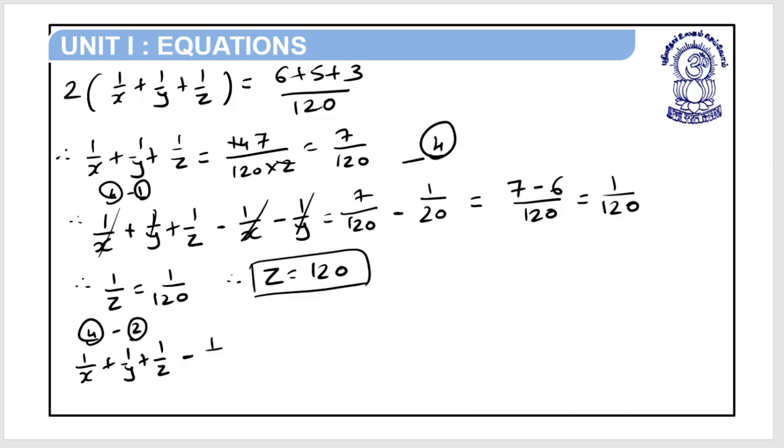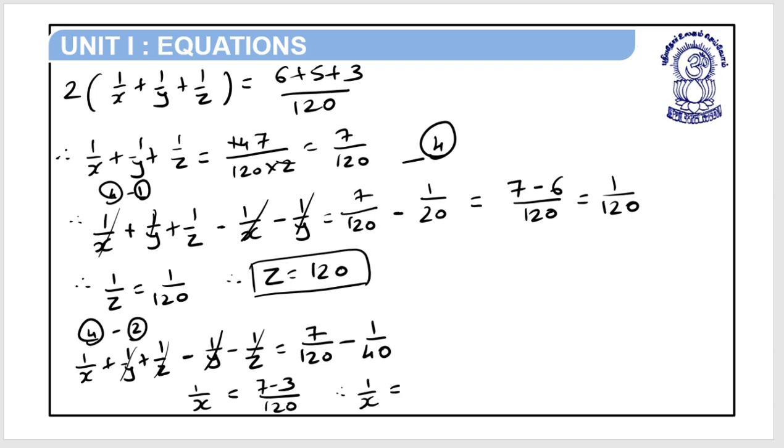So minus 1 upon y minus 1 upon z. 7 upon 120 minus 1 upon 40. Minus 1 upon y minus 1 upon z cancel. So 1 upon x is equal to 7 minus 3 upon 120, since 40 3s are 120. So 1 upon x is equal to 4 upon 120. So value of x is equal to 30.